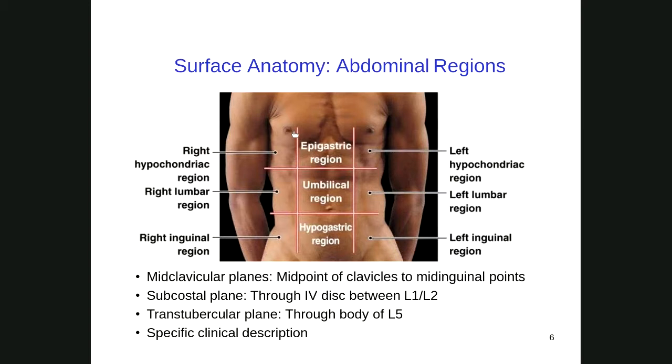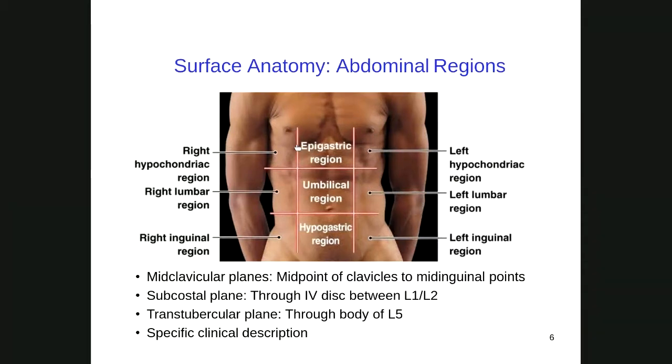If you know the clavicle, the bone which attaches to the upper border of the sternum, it then runs laterally, joining the scapula. So the mid-clavicular line runs from the middle of the clavicle downward, and we have the left and the right. Those are the 2 vertical lines.